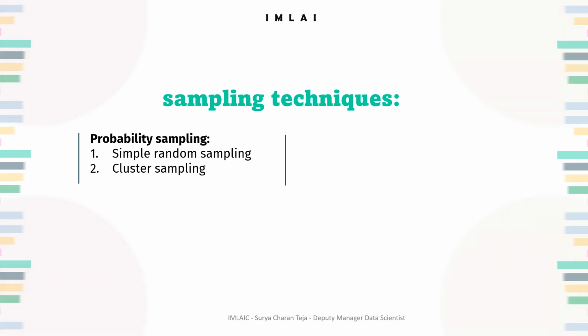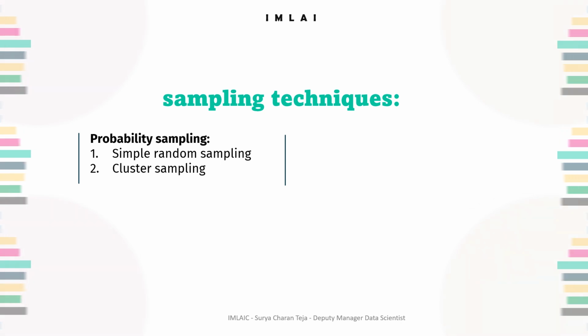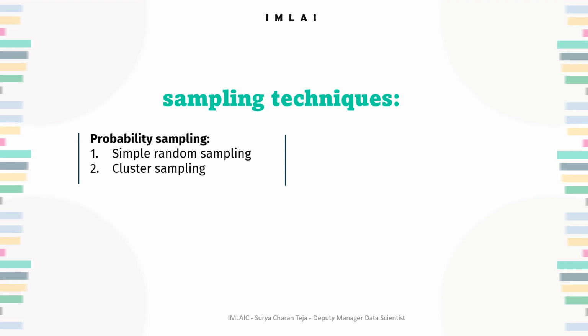Then all individuals within the selected clusters are included in the sample. This is called cluster sampling. Both simple random sampling and cluster sampling rely on randomly picking, based on the law of probabilities. That's the reason these samplings are called probability sampling.